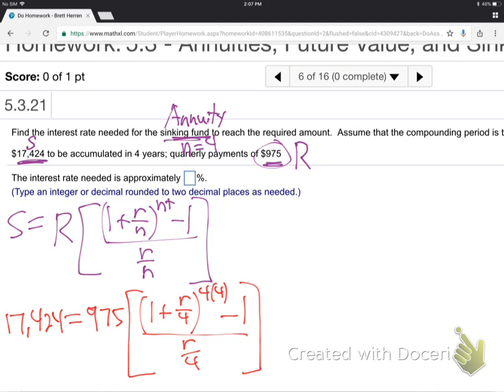Everybody good to there? Right, so the T is 4 and N is 4. Quarterly, so N is 4. 4 years, so T is also 4.